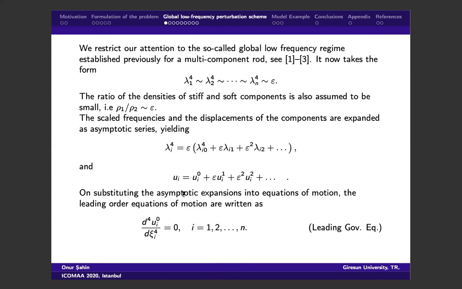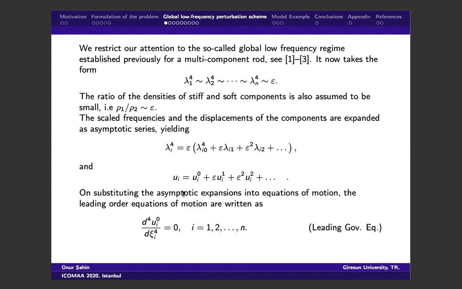We now present a global low frequency perturbation scheme. Now we study the lowest eigenmodes of the multi-component beam using a perturbation technique earlier developed for longitudinal vibrations of strongly inhomogeneous rods.